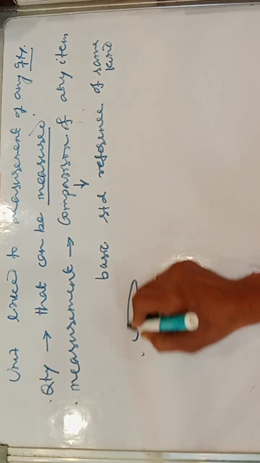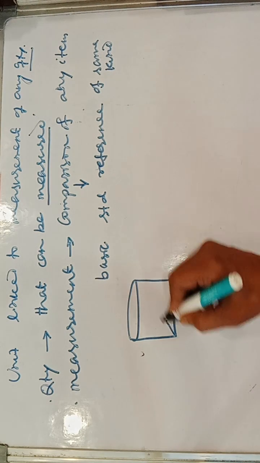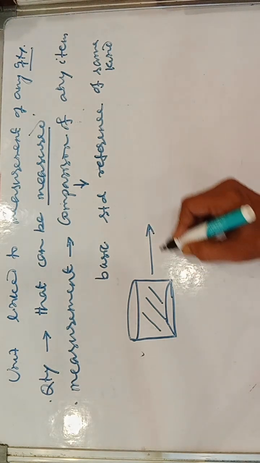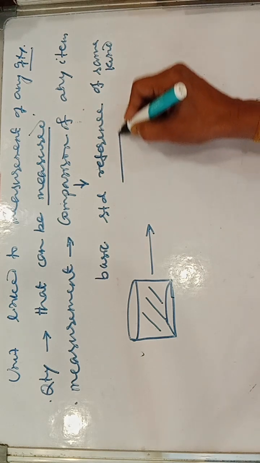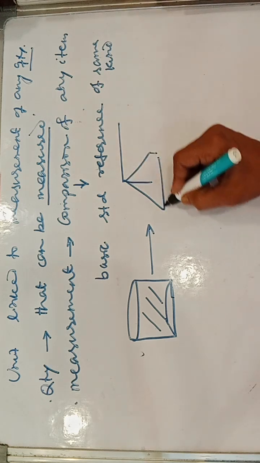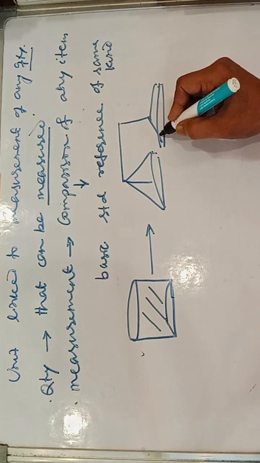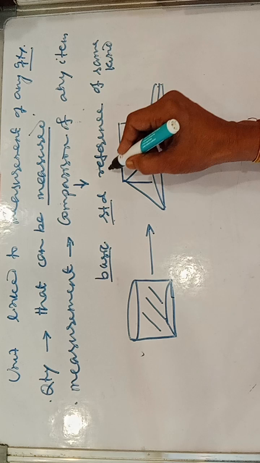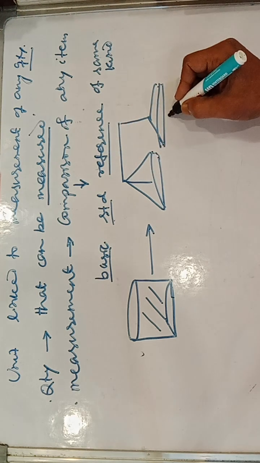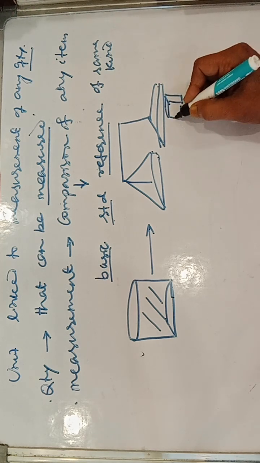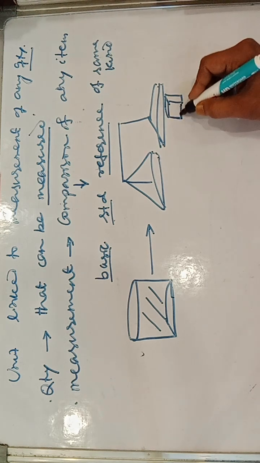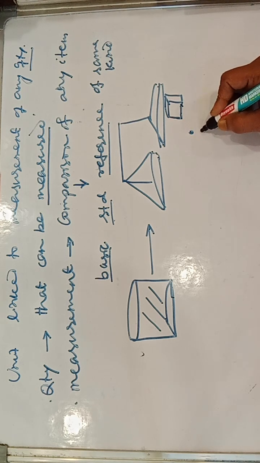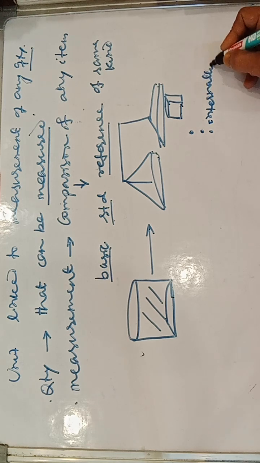That means we want to measure the weight of any object, we'll compare it with a basic standard reference, and that is the smallest value or smallest quantity, arbitrarily chosen and internationally accepted.